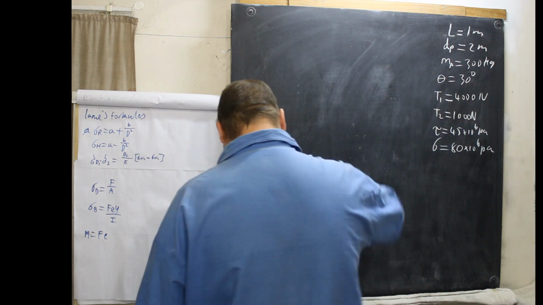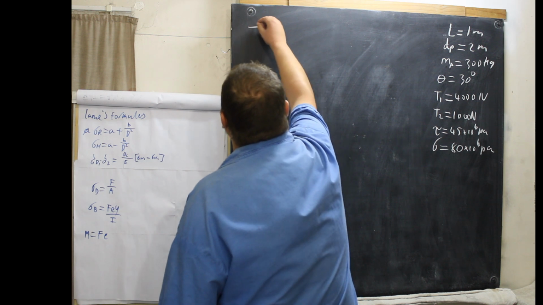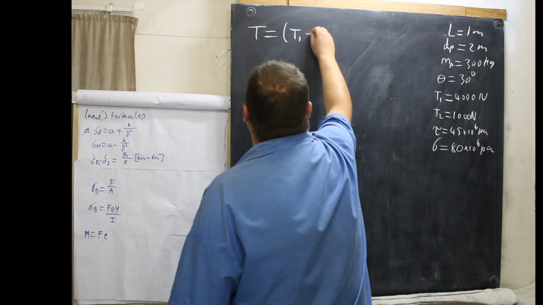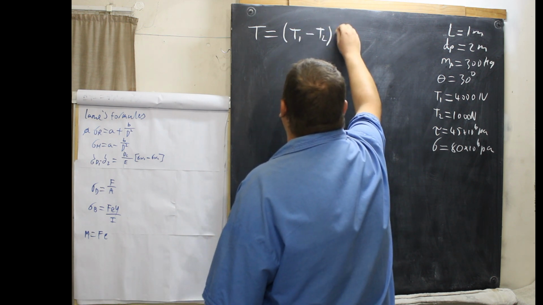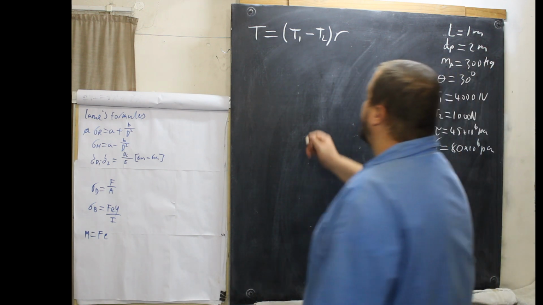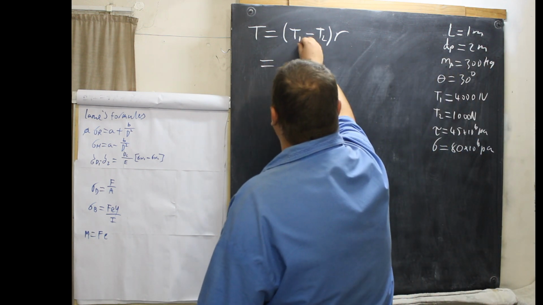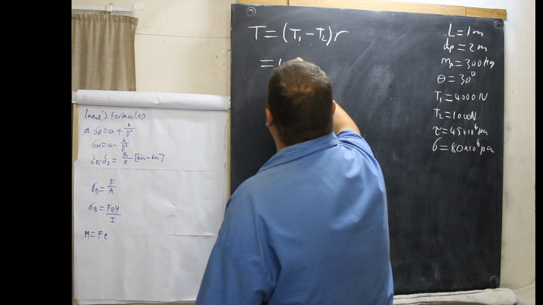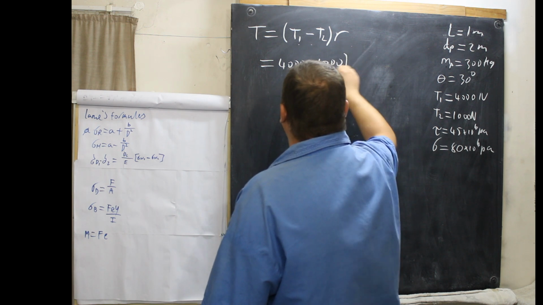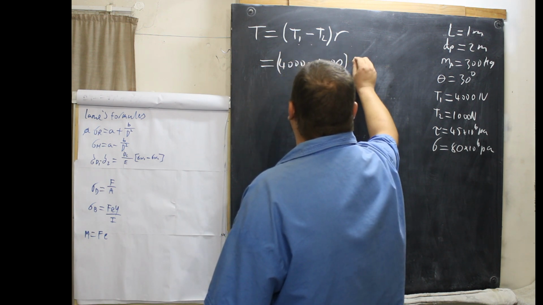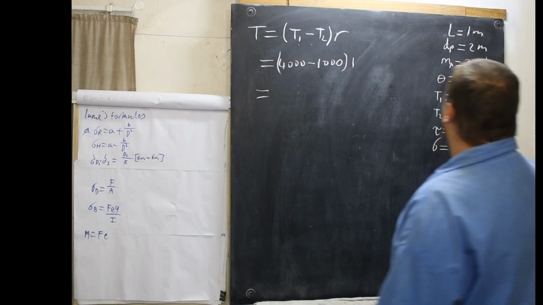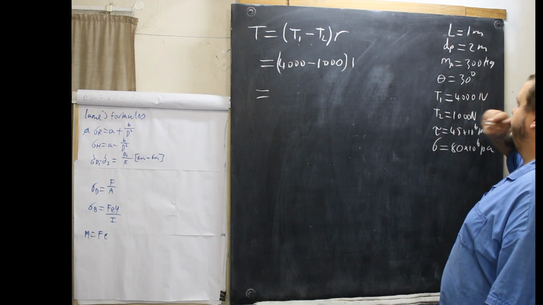Okay, first things first, we are going to do the torque. Torque equals T1 minus T2 times R. So T1, which is 4,000, minus 1,000, times 1, because that is the radius of the pulley.